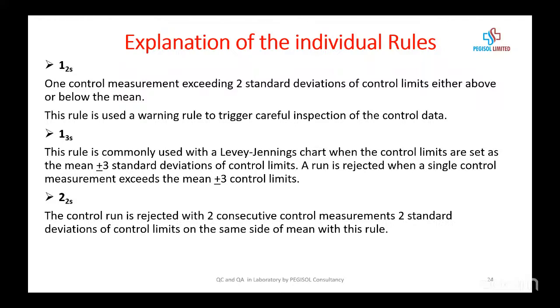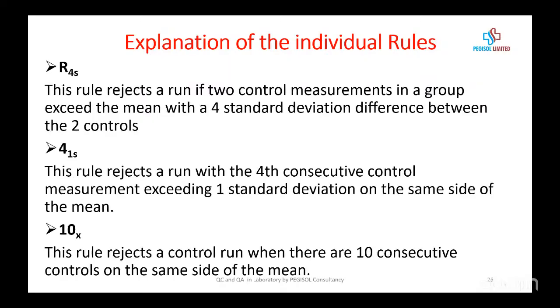Now, next is the 2-2S rule. This one says a run is rejected when two consecutive control measurements are greater than two standard deviations of the control limit on the same side of the mean. Now look at this, I will show you the graphical representation.